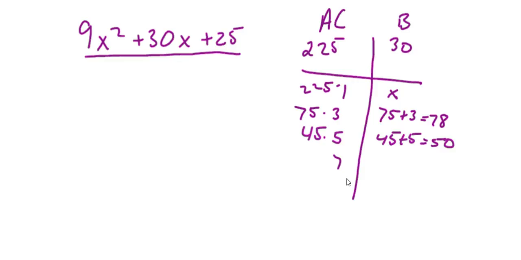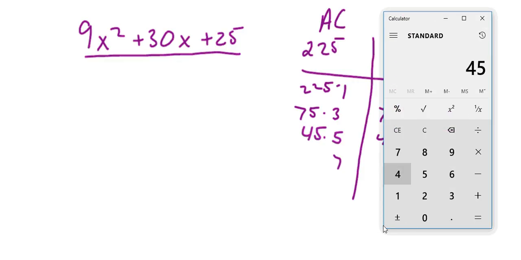6, 7. Would 7 work? Let's go 225 divided by 7. Does that give us a number? No, that doesn't work out. 225 divided by 8, no. 225 divided by 9, we know that's going to be 25. 225 divided by 12?